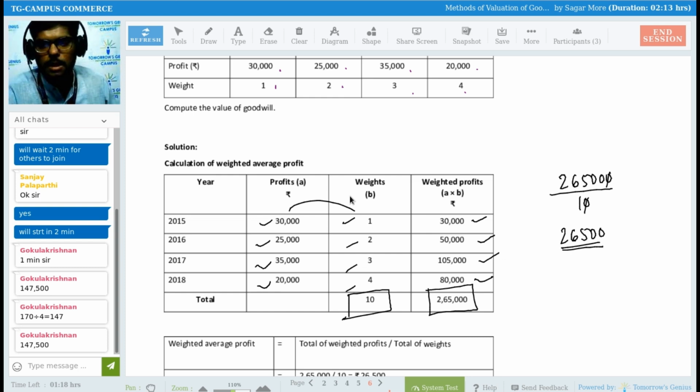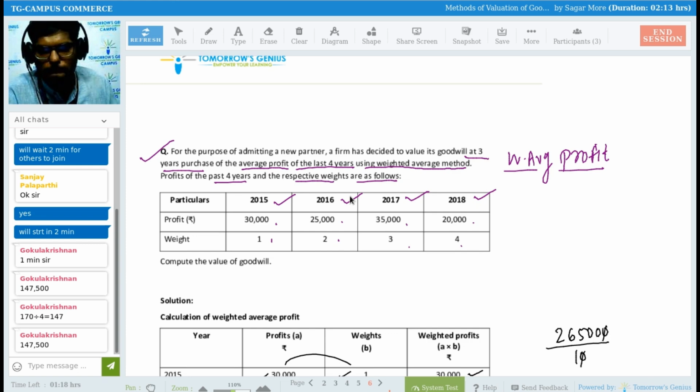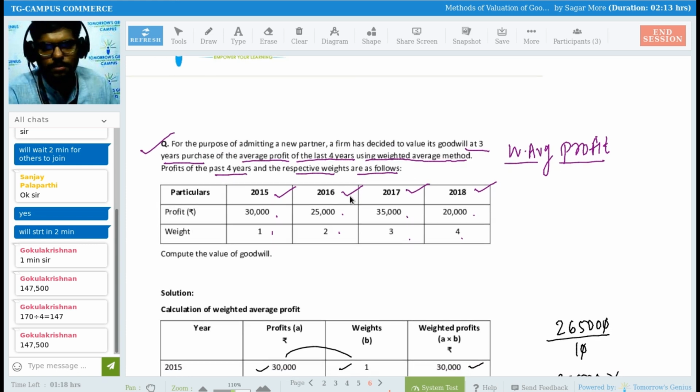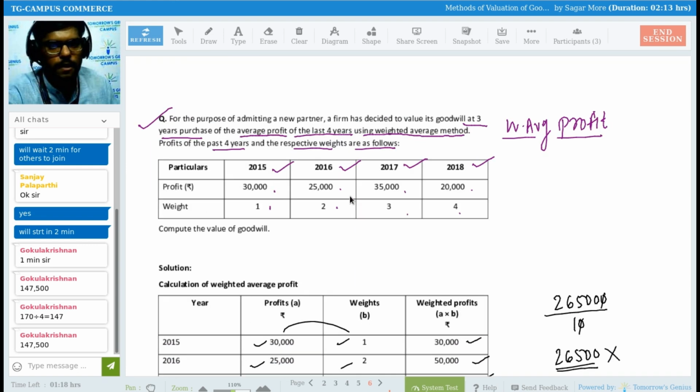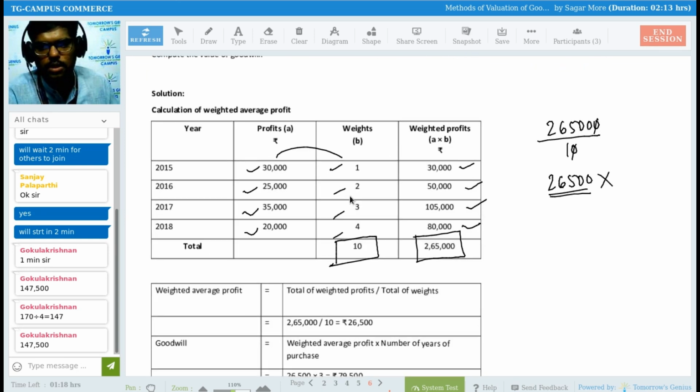Multiply by the number of years of purchase given in the question, which is 3 years. So 26,500 multiplied by 3 gives the answer, 79,500. That is my goodwill amount.